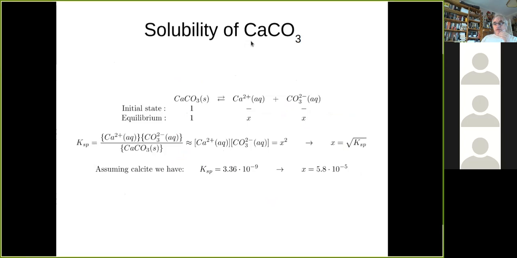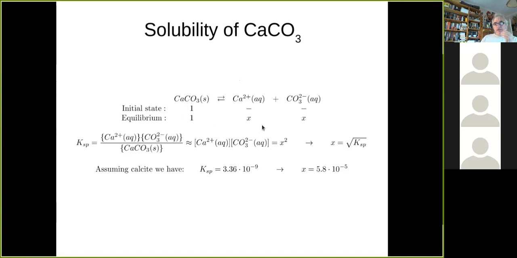Let's, for the moment, go to another type of carbonate, the carbonate ion associated with calcium, that is calcium carbonate, limestone. Calcium carbonate is an insoluble compound, meaning that it is not very soluble, but it's not totally insoluble.